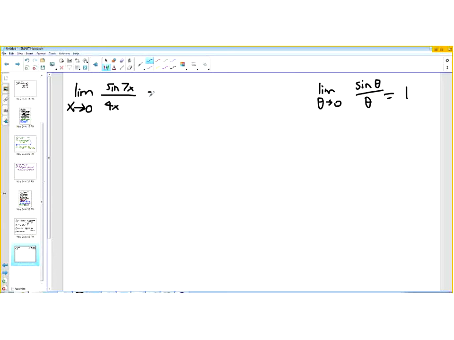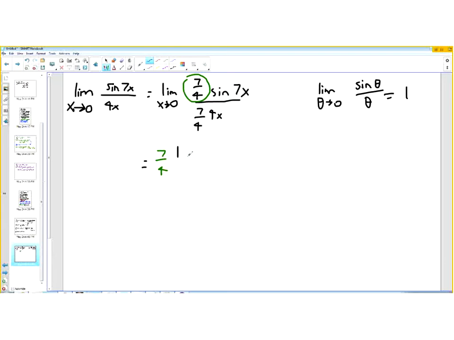If we were to augment the denominator, like so, what if we were to multiply the denominator by 7/4? Now if we multiply the denominator by 7/4, we have to multiply upstairs by 7/4 as well. Now this 7/4 becomes a constant to the limit problem, so we can kick that out.